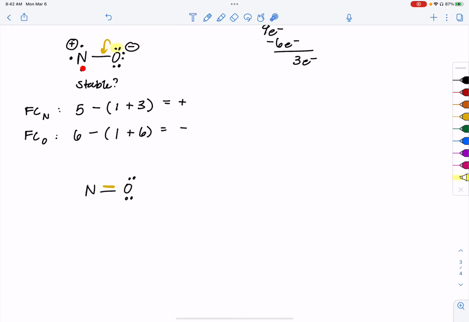Might have something like this. Let's do a formal charge on our nitrogen. 5 valence electrons when unbonded, minus, now we have 2 bonding pairs, 2 lines connected to nitrogen, plus 3 electrons that are not bonded. Oh, okay, we get a formal charge of 0 on the nitrogen. That is boding well. We like formal charges of 0.